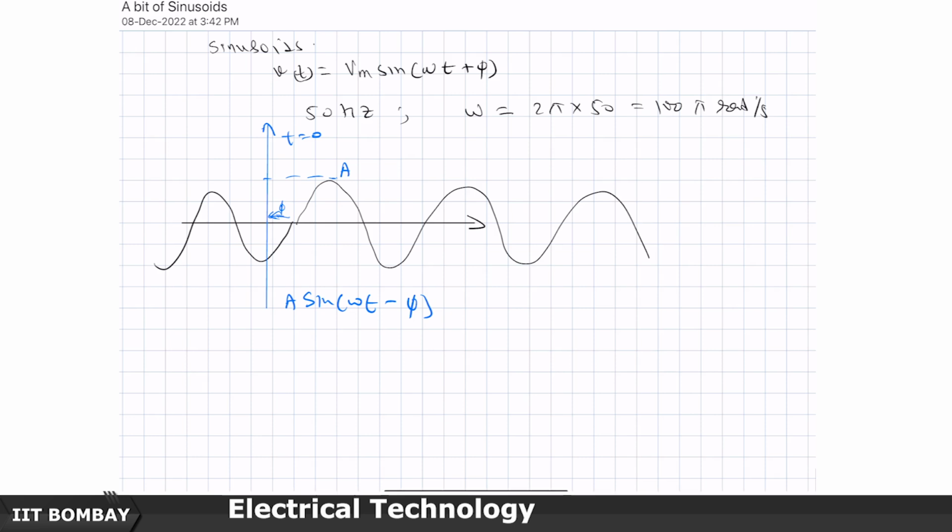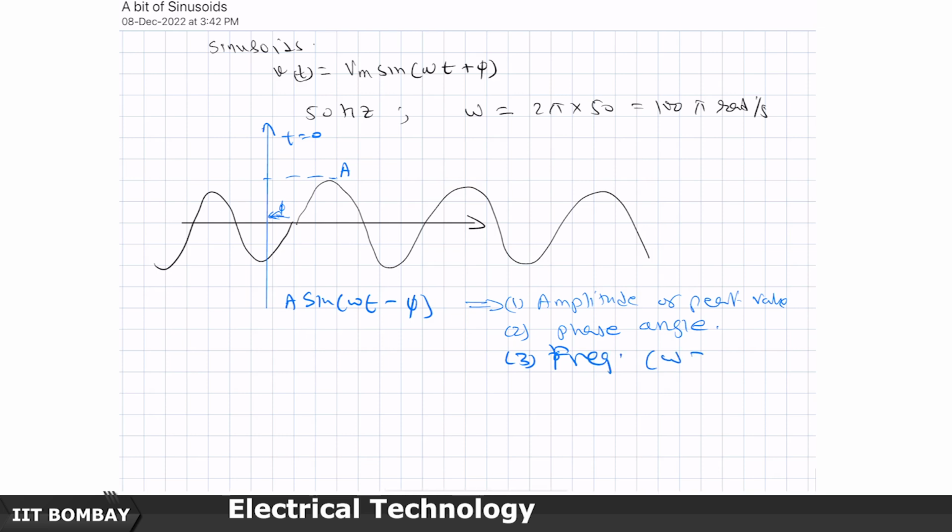At t equal to 0, the value is minus A sine phi, this angle being the angle phi. So, what I am trying to say here is that this sinusoid has two main attributes. One is the amplitude or the peak value, and second is the phi, which is the phase angle, and of course, third one is frequency.